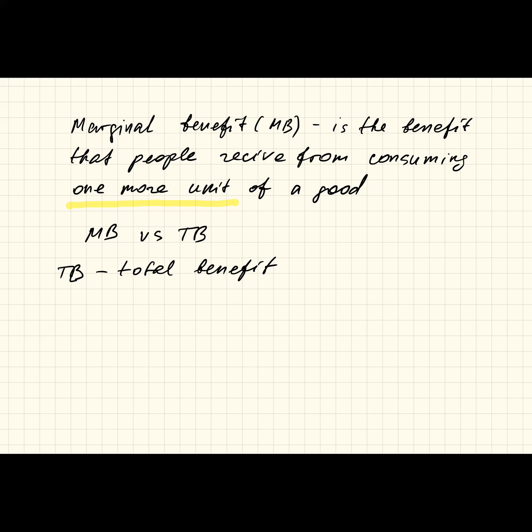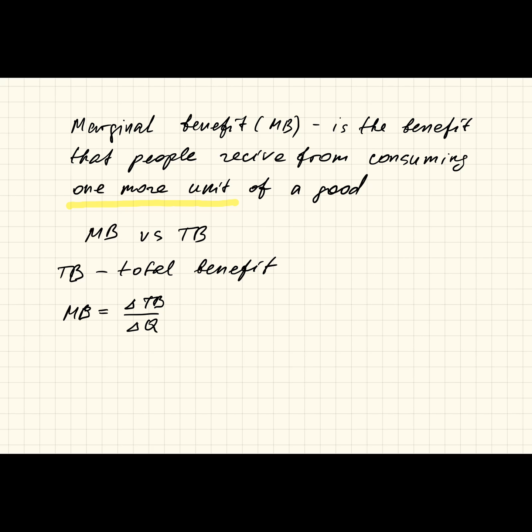Well, technically speaking, marginal benefit is a change in total benefit over change in quantity. So marginal benefit tells us by how much our total benefit, overall benefit, changes when we increase consumption by a certain amount. So in the simplest case, by how much it changes when we change our consumption by 1 unit.